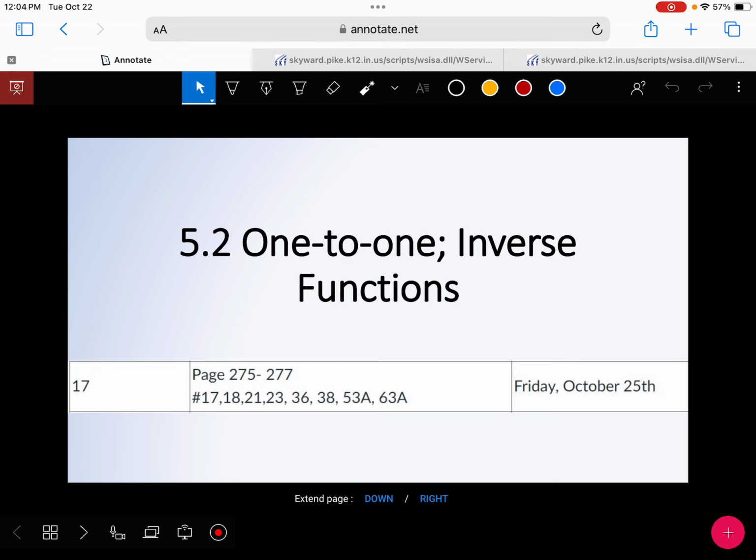So the title of 5.2 is one-to-one and inverse functions.